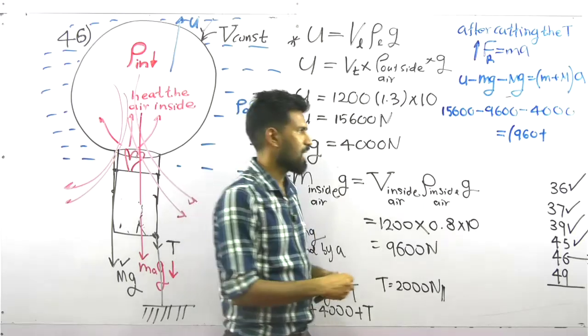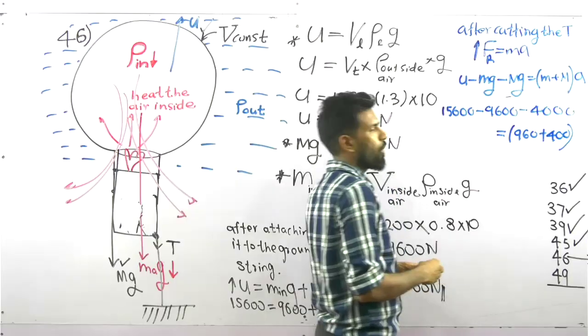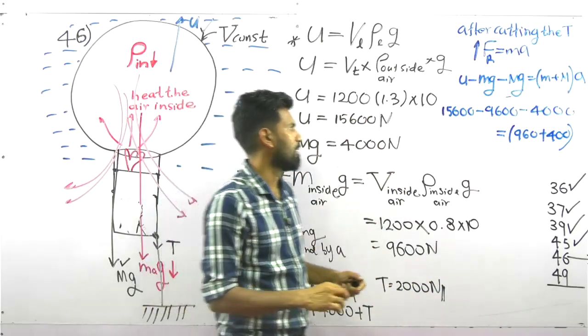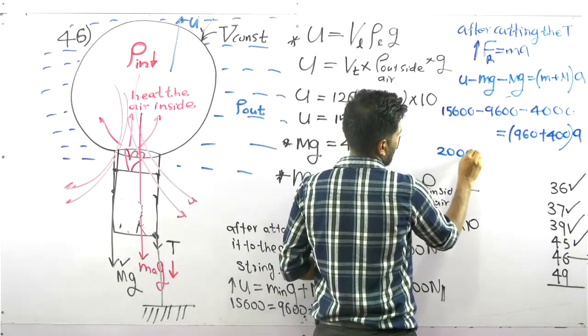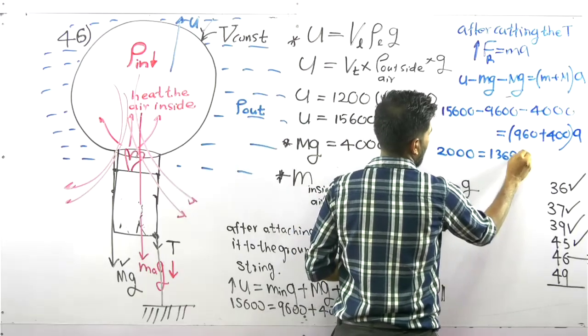And the rubber is having a mass of 400. They have neglected the mass of the operator. Okay, 960 plus 400 times a. 2000 is equal to 1360 times a.